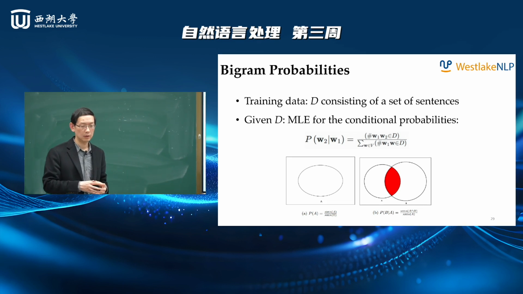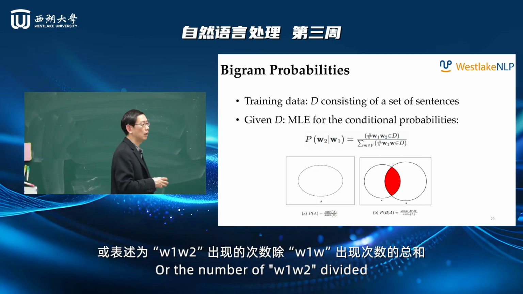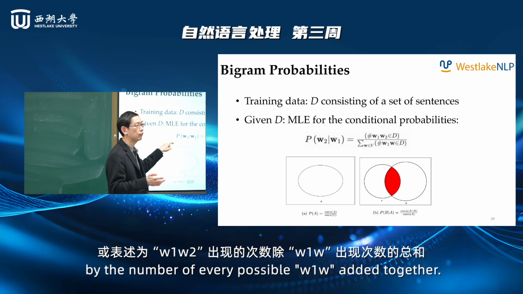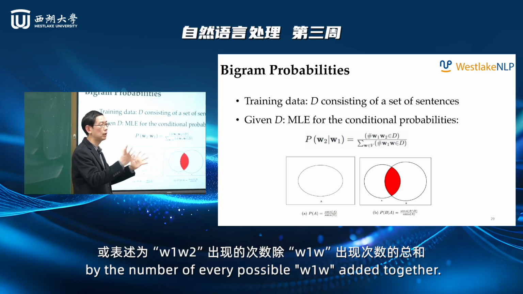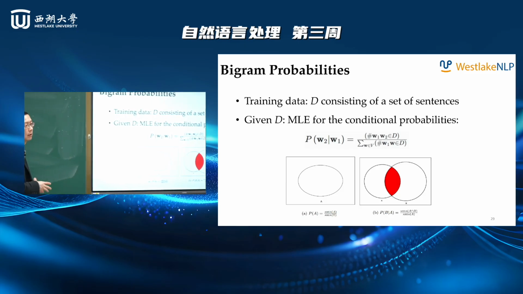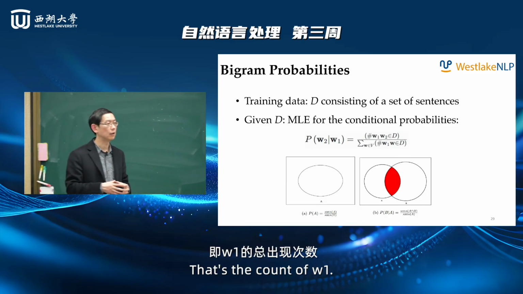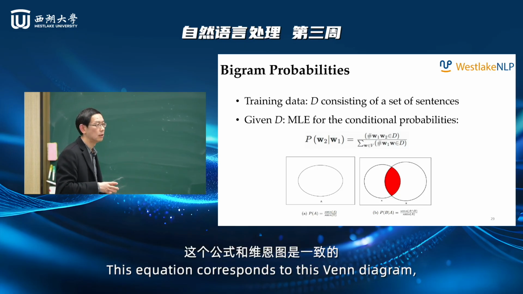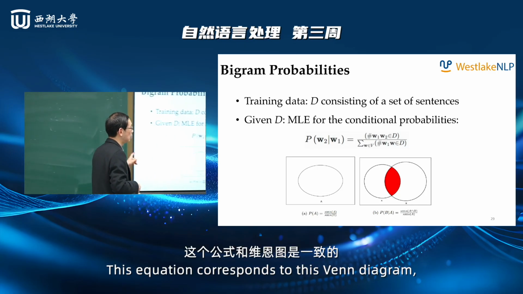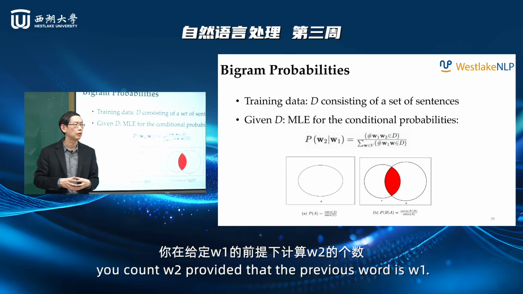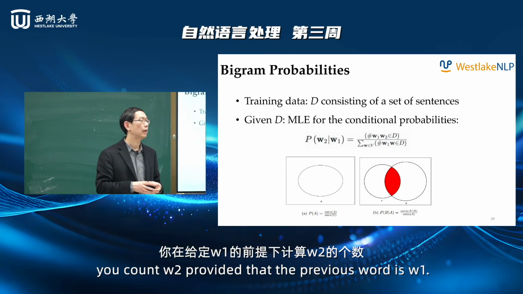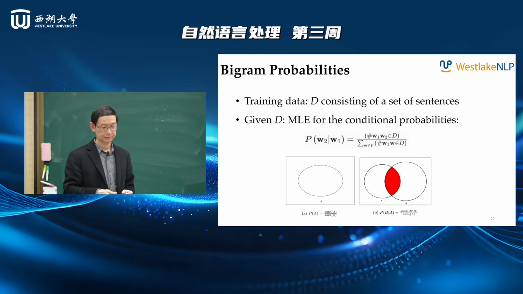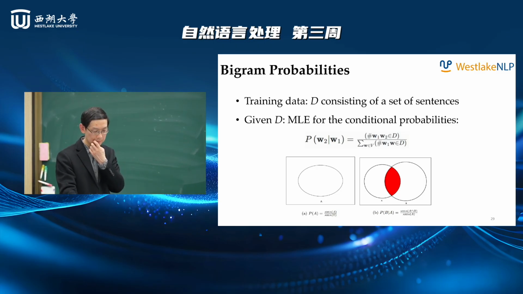Or the count of W1, W2 divided by the sum of the counts of every possible bigram W1, W added together. That's the count of W1. So this equation corresponds to this Venn diagram. You count W2 provided that the previous word is W1.